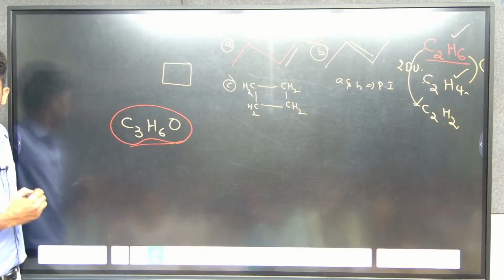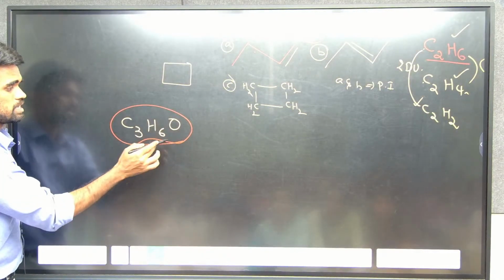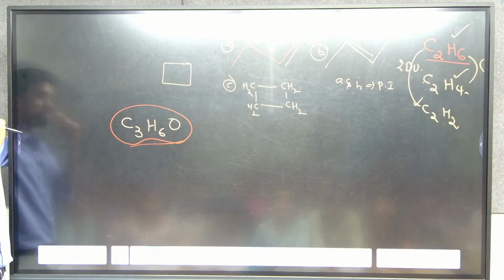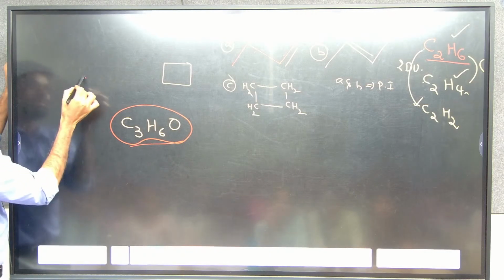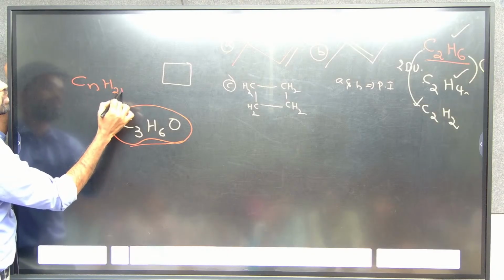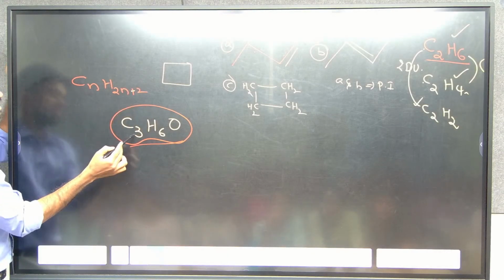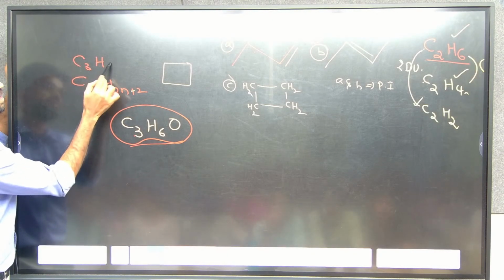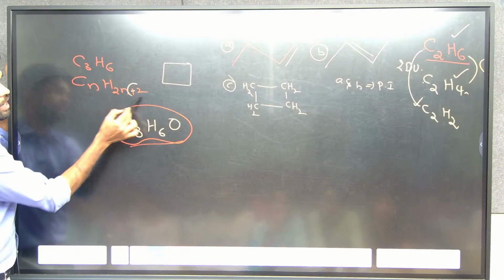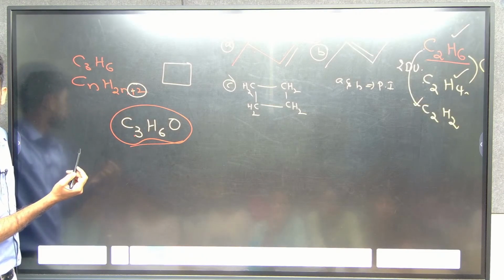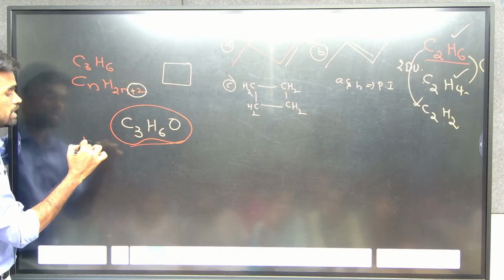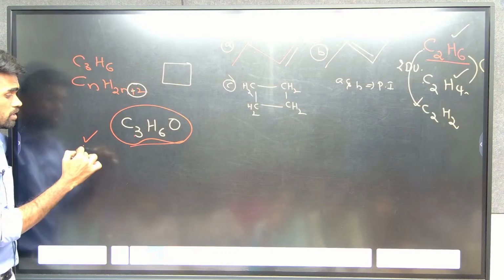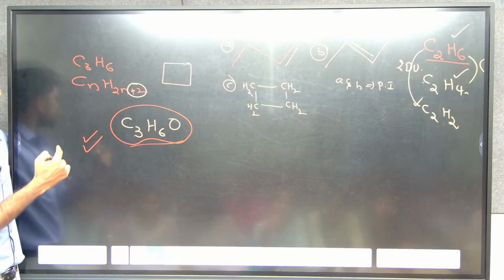Ignore oxygen. Just compare hydrogens and carbons with alkane. If it is alkane, CnH2n+2 it should be. C3 you are saying, C3H6. 2 hydrogens are less means 1 degree of unsaturation. It means this formula may contain 1 double bond or 1 pi bond or 1 ring.